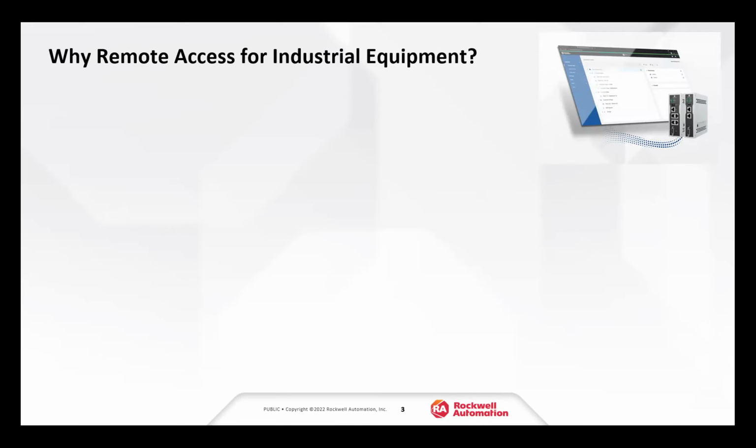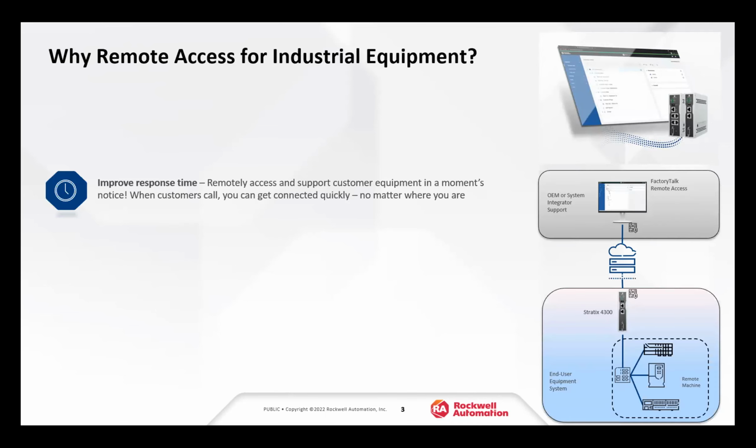So why remote access for industrial equipment? If you're a system integrator or an OEM, this can greatly improve your response time for customer calls and quickly get the customer back up and running.